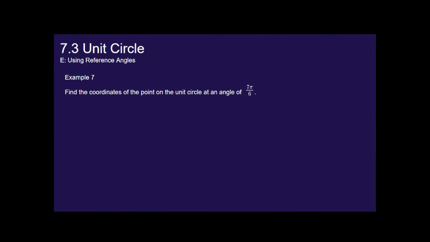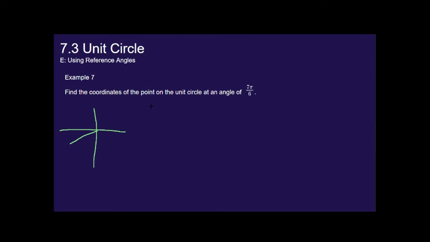Example 7. Find the coordinates of the point on the unit circle at an angle of 7 pi over 6. So we are working in the third quadrant, 7 pi over 6, and we want to find the coordinates of that point.